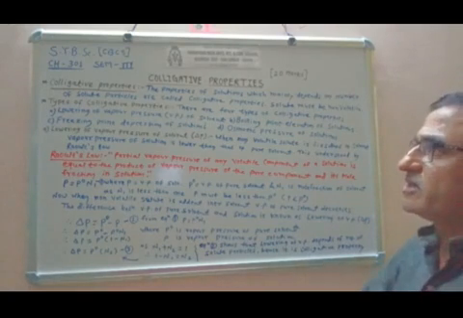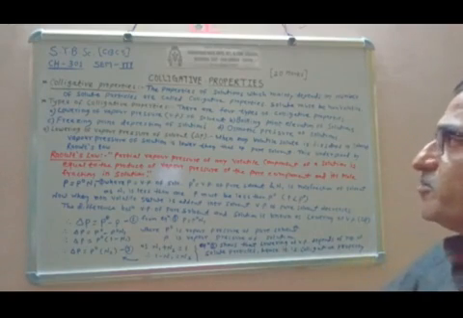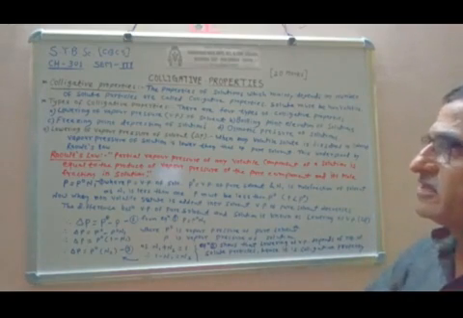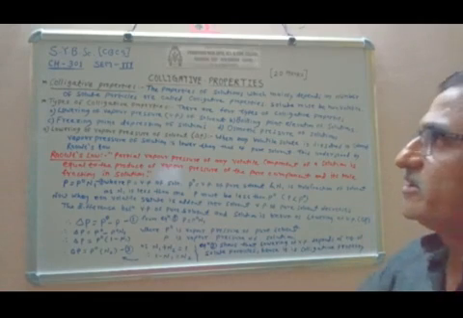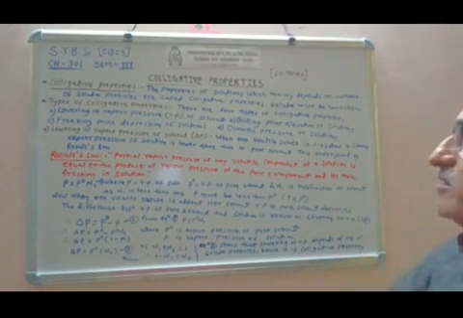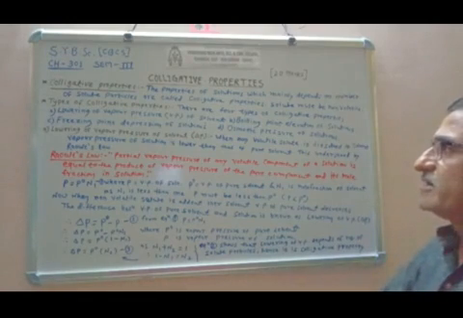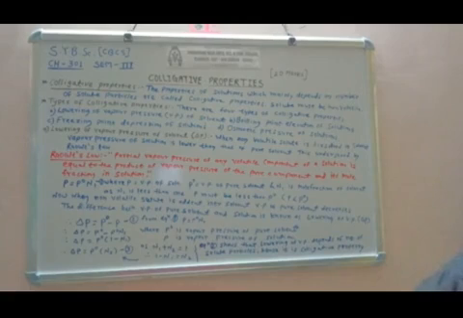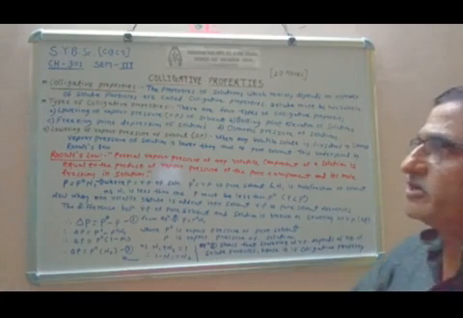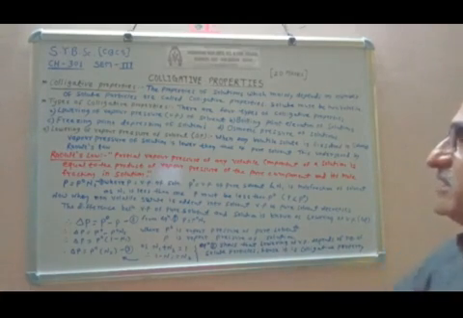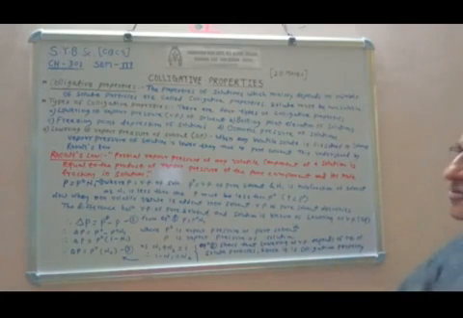There are 4 types of colligative properties. First is lowering of vapor pressure of solvent. Second is boiling point elevation of solution. Third is freezing point depression of solutions. And last is the osmotic pressure of the solutions.